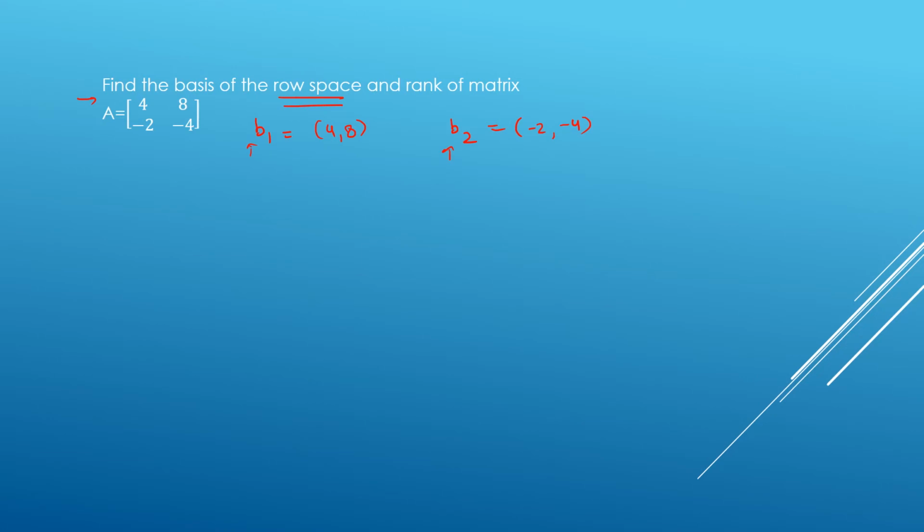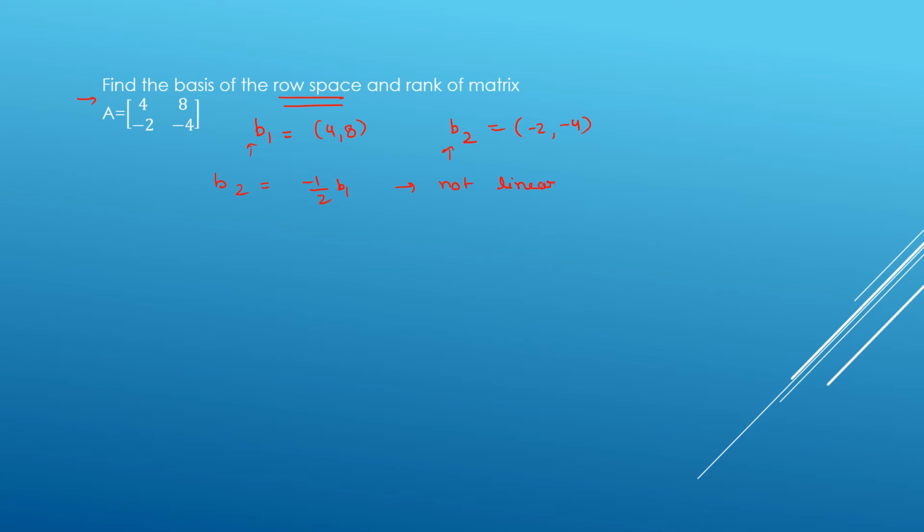So we can clearly see that B2 is minus half of B1, or we can say B1 is minus twice of B2, correct? So that means they are not linearly independent.